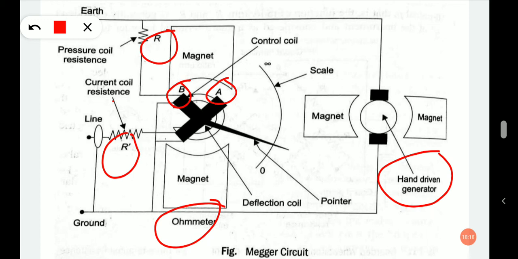Both the coils tend to move the pointer in opposite directions, as a consequence of which the pointer rests at a position where the forces of coil A and B are balanced. This position on the scale gives the value of unknown resistance. It should be noted here that any changes in the voltage affect coil A and B equally, and thus the position of the moving element of the instrument remains unaffected by such changes.